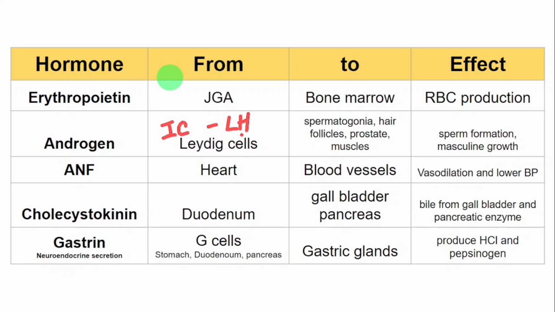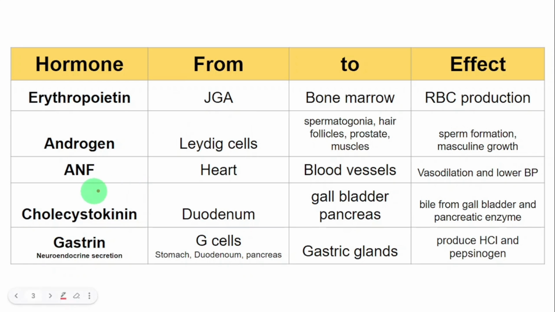So they respond to LH and start producing androgens. The target site is, it will stimulate spermatogonia for sperm production, and it will also stimulate other aspects of the male body for overall masculine growth.